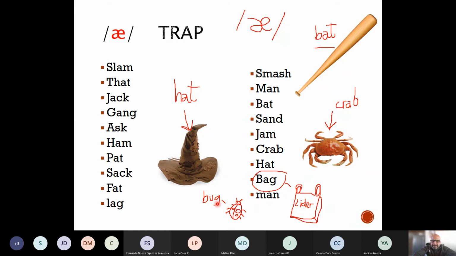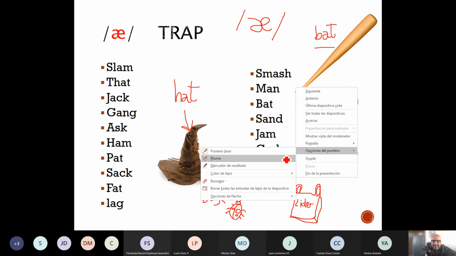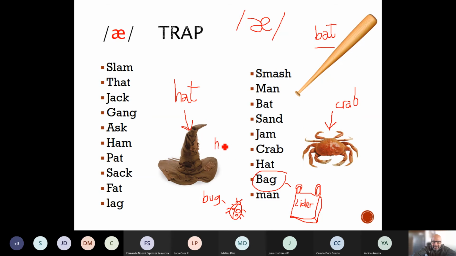For example, if you say "hat", you're saying basically sombrero, hat, right? But if you say "hut", you are basically saying, you know, in Pizza Hut, a hut is like a type of house, a very small house that we in Spanish call "choza", right?